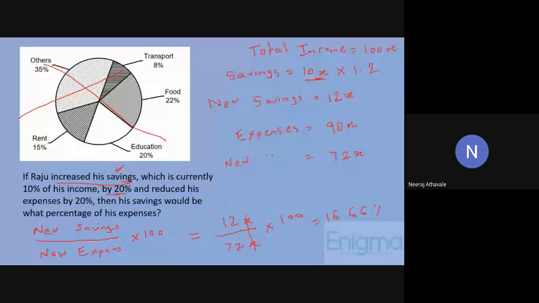Okay, do you remember this concept of multiplying factor? 100 plus 20 upon 100. Okay, so we apply it over here. So 10x into 1.2, we get the new savings as 12x. So that's how we get this answer.